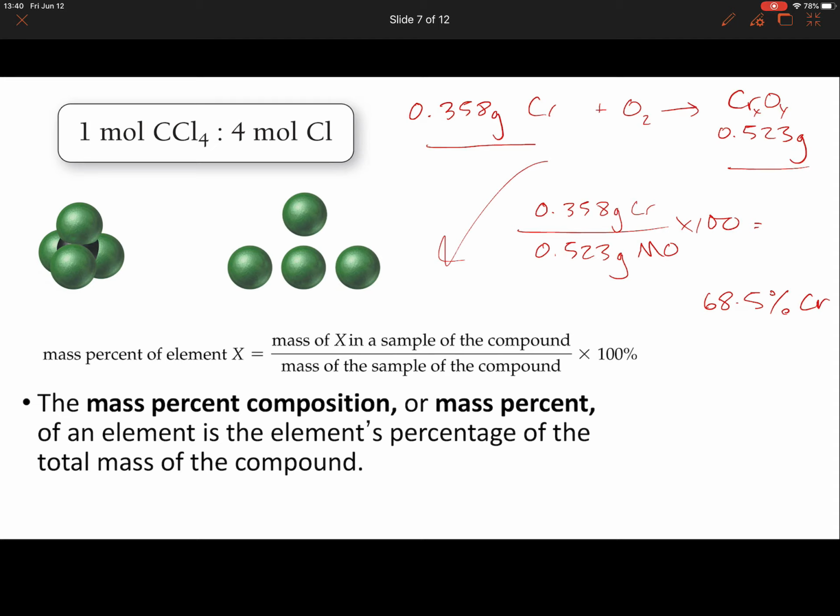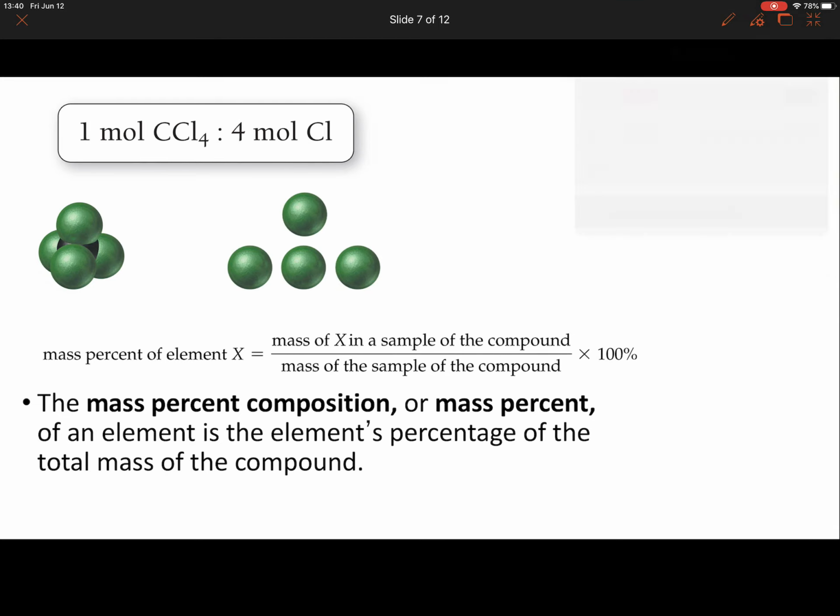Let me give you an example. I'm going to use a different conversion factor now. So let's say that we know sodium in sodium chloride is 39%. So sodium is 39% of the mass of sodium chloride.